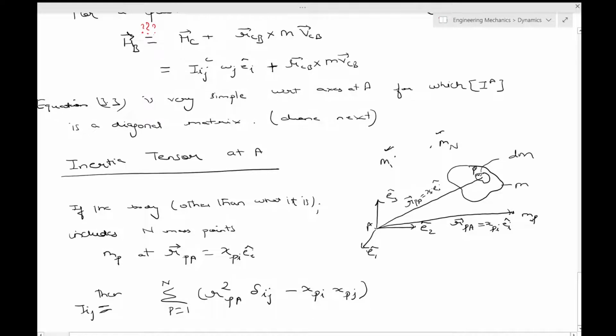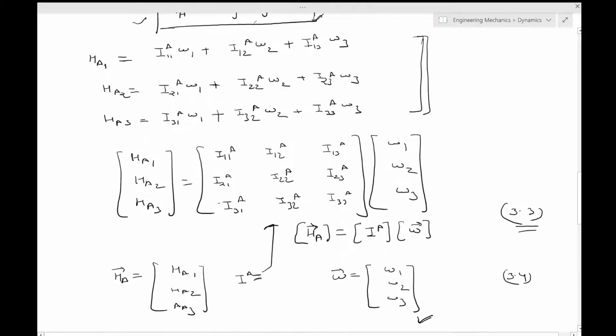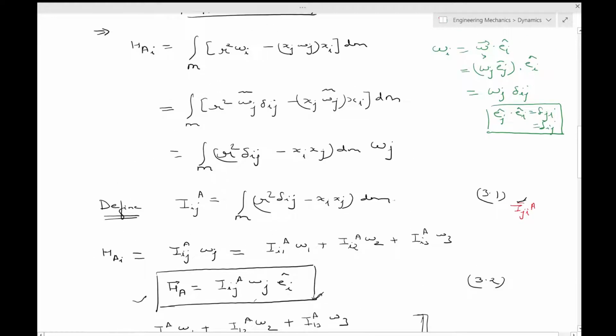This quantity we had defined as Iij about A, and these are for the single masses m1, m2, m3 until mn, mp being the generic mass. Then this quantity is added to the RHS of equation 3.1.